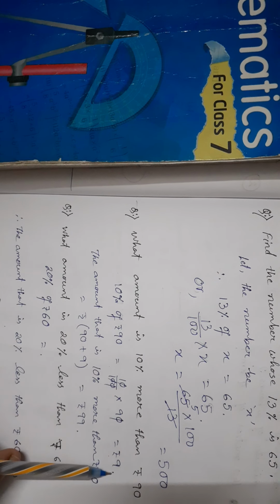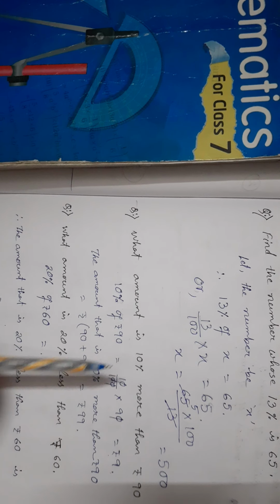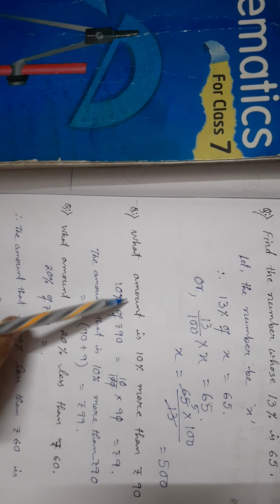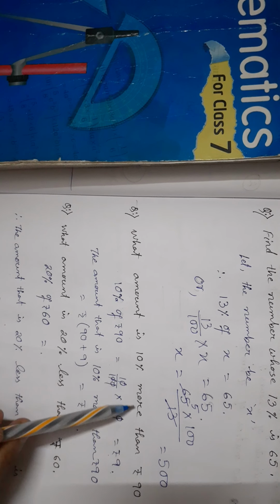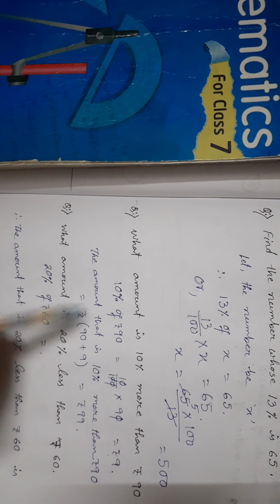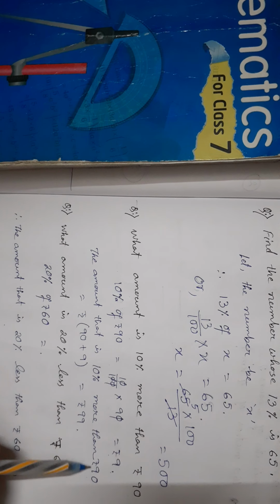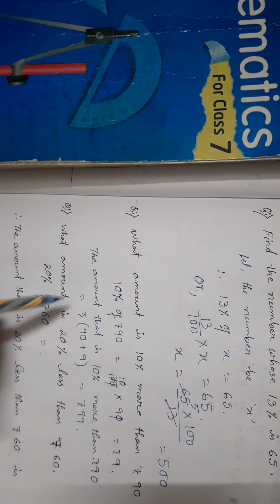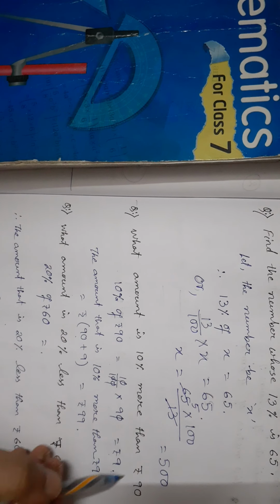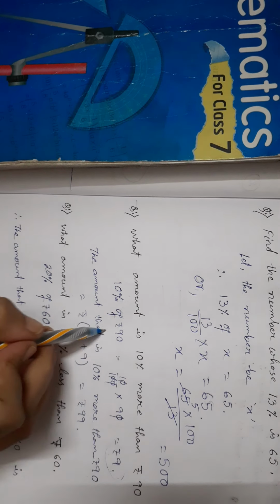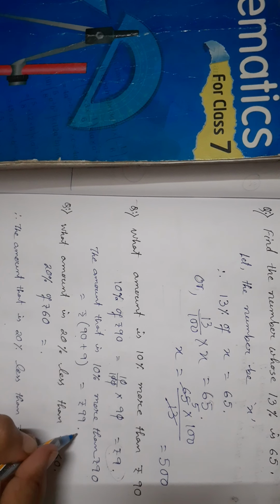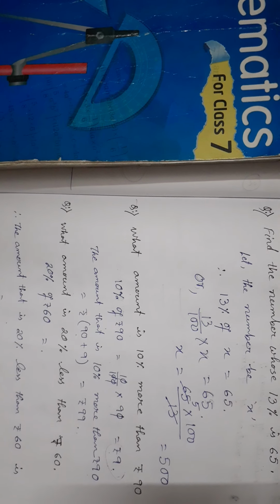Now we need to find out the amount that is 10% more than 90. That means the amount which is 10% more than rupees 90 will be rupees 90 plus this one, because this is 10% of 90. So our answer is rupees 99.